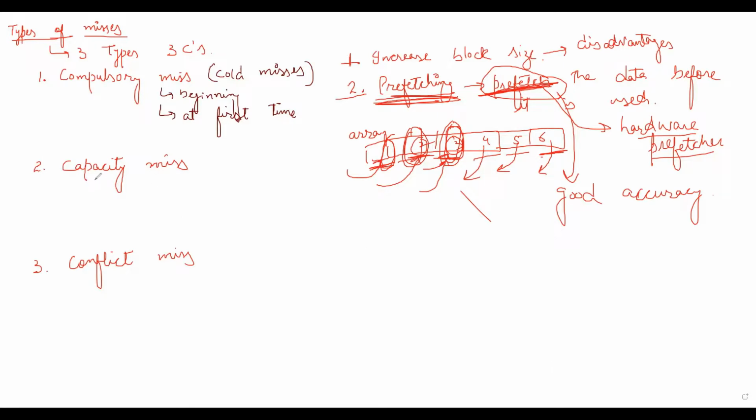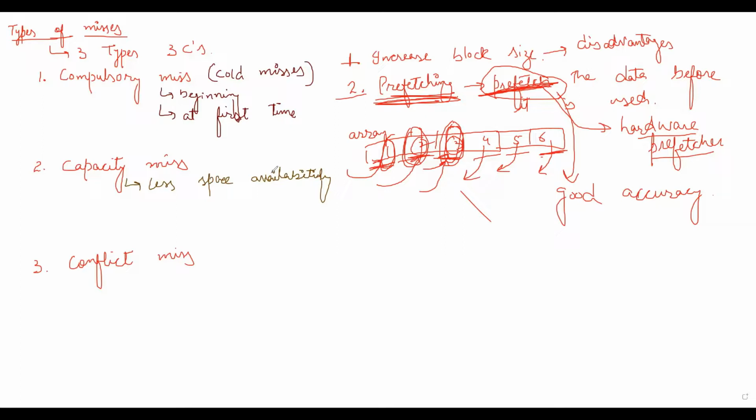A capacity miss, as the name suggests, is because of less space availability. What does that mean? Let's suppose I have a cache that can hold only 10 blocks. Now, if I want to fetch the 11th block, because of the limited capacity of this cache, I won't be able to fit the 11th block.